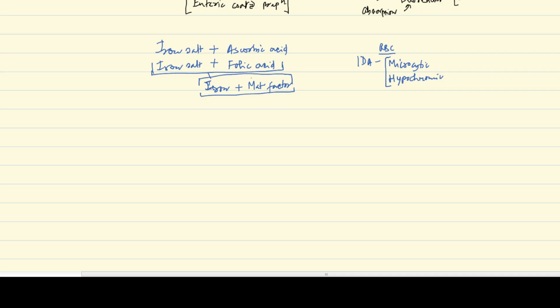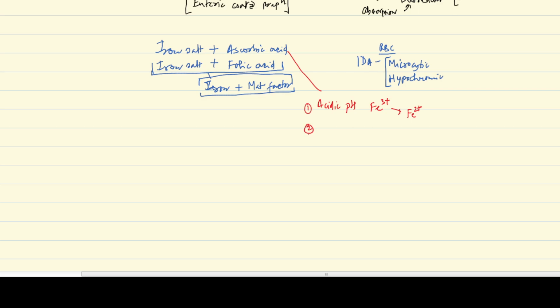So what about iron salt plus ascorbic acid? Now, this is an acid. So in the acidic pH, ferric salts get converted to ferrous salts. So that's the first reason.